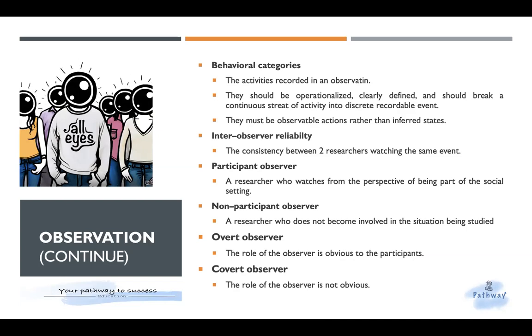So basically, a participant observer is part of the social setting, whereas a non-participant observer does not become involved in the situation being studied. This can be achieved by watching through one-way glass or by keeping apart from the social group of the participants.